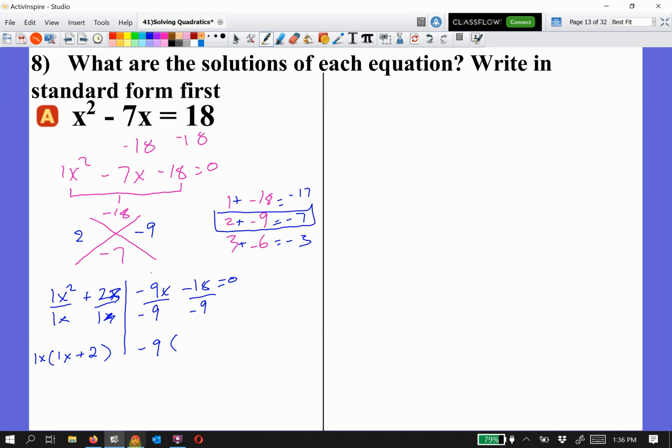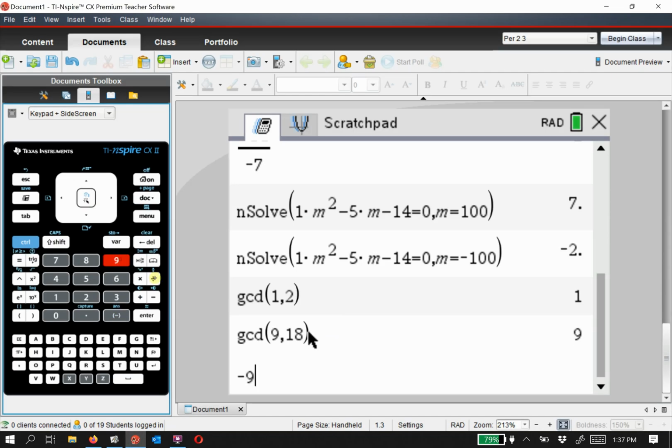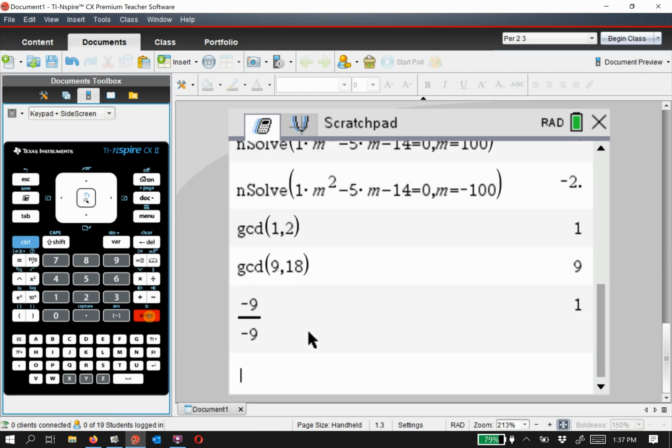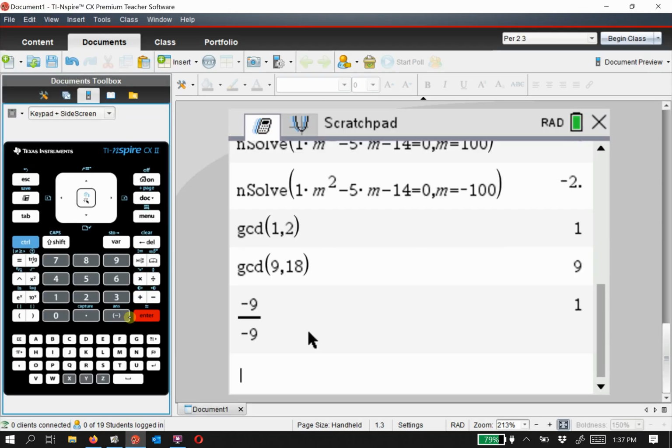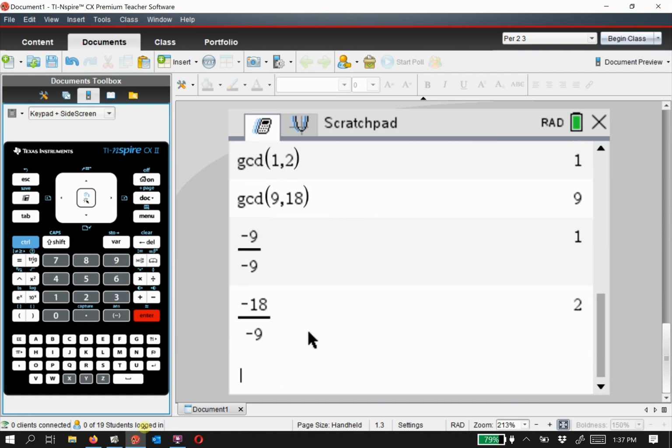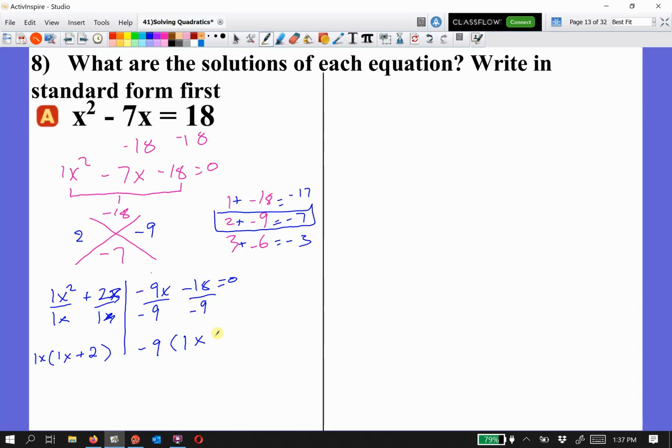Negative 9 divided by negative 9. If you are not sure, use your calculator. Get 1. Okay. 1. We have my x. Negative 18 divided by negative 9. Enter. 2. Great. Positive 2. Okay. Don't have to equal anything yet.